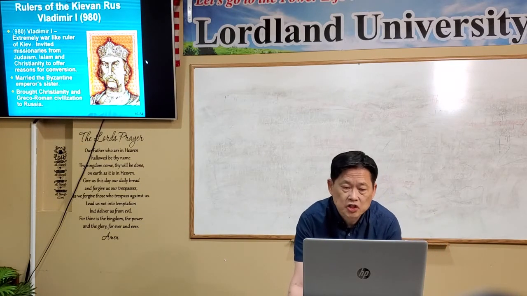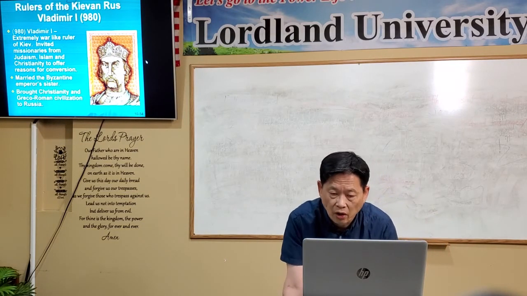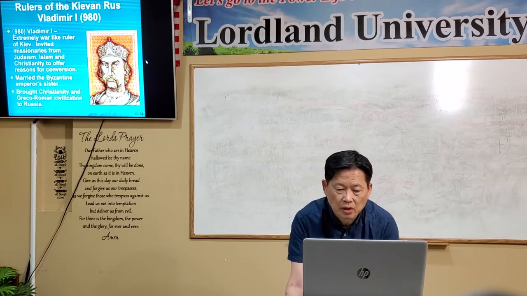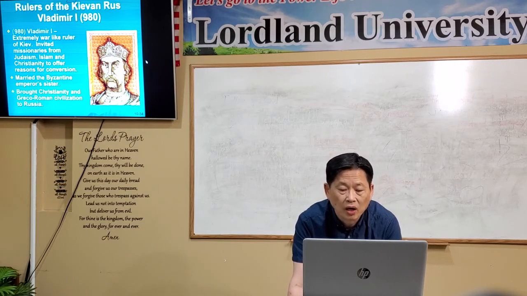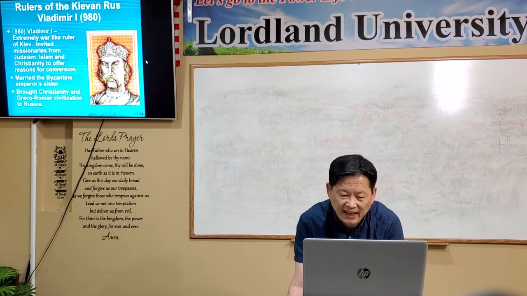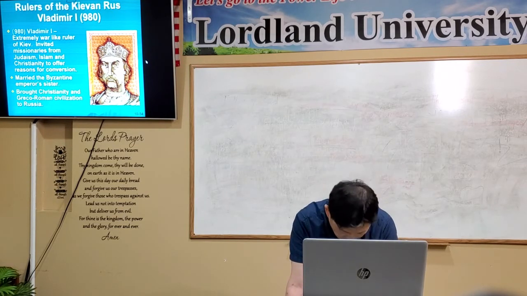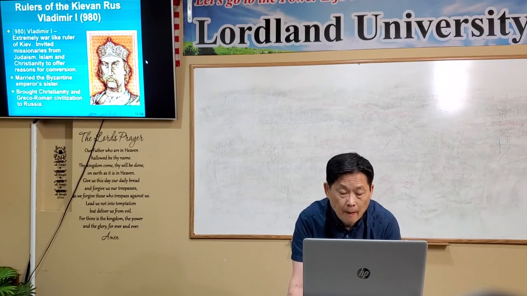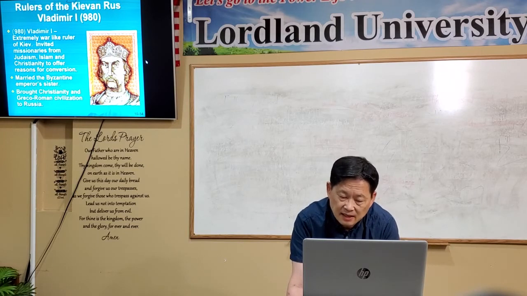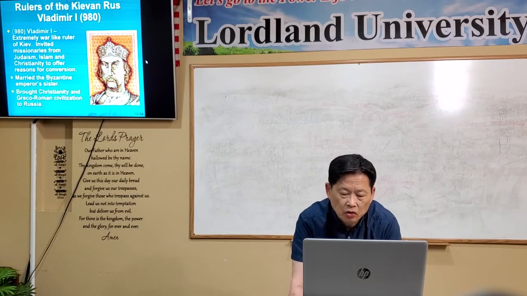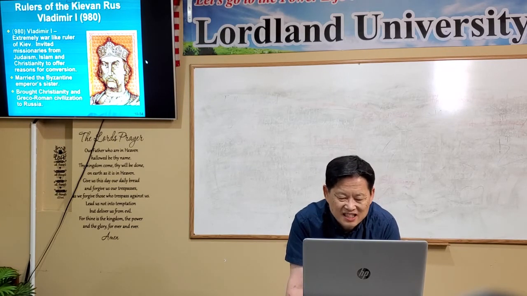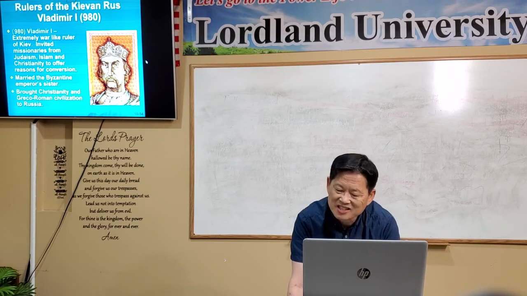This slide shows the rulers of Kievan Rus. Vladimir I, extremely warlike ruler of Kiev. He invited missionaries from Judaism, Islam, and Christianity in order to offer the lessons for conversions.